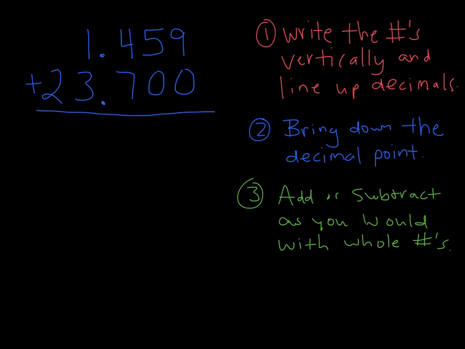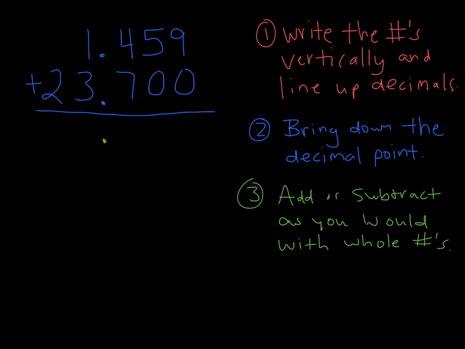So make sure you have that written down in your notebook, and then you can kind of see the pattern that we took when we were up here. So we write the numbers vertically and line up the decimals, and we did that right here. And then we bring down the decimal point, so that would be my next thing that I'm going to do. And then add or subtract as you would with whole numbers.